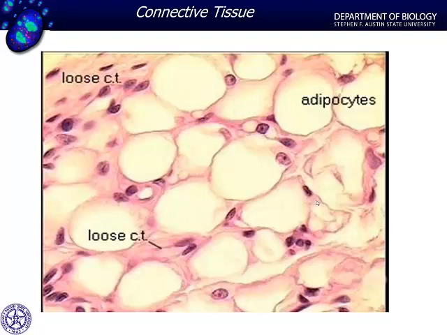And the reason that you see mostly white space is the solvents that are used to prepare tissue for histology are going to be organic solvents, and they will remove much of the triglyceride, leaving the plasma membrane intact, but removing all the triglyceride that was in place and leaving these large white spaces. So we're going to be looking at thin cytoplasm of cell, the nucleus pushed all the way to one side. It's going to look like a ring, and it's referred to as a signet ring, and that's going to give you the clue that you're looking at adipose tissue.